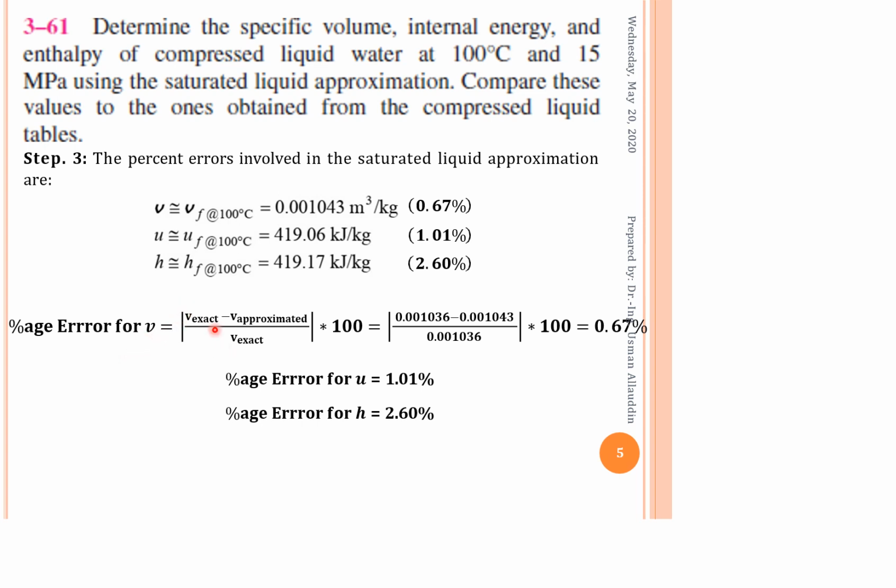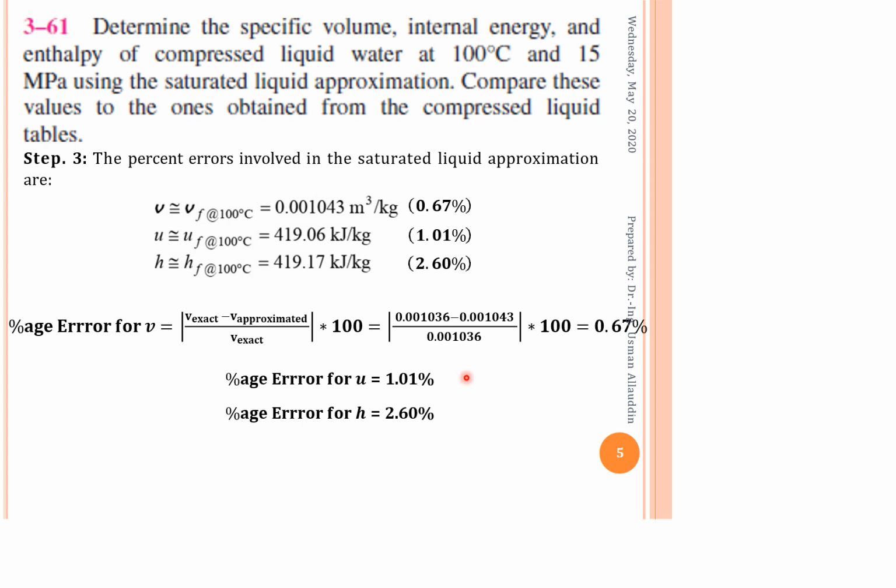Here we need to write the exact value of volume, which is from table A7, 0.001036, minus the approximate value, which is here 0.001043, divided by V exact, the same value we wrote here, and we multiply by 100, so we get the percentage error. So the percentage error for V is 0.67, and we follow the same for U and H as well, and we find the answers, which are 1.01 and 2.60.